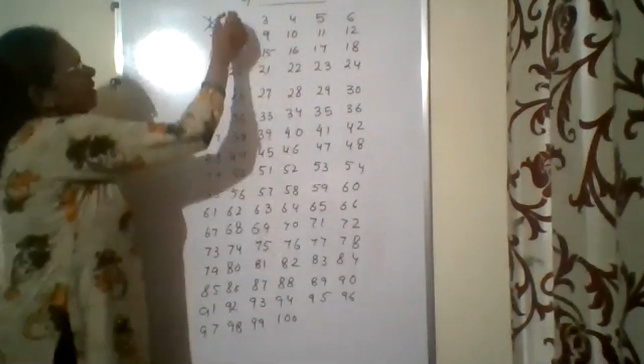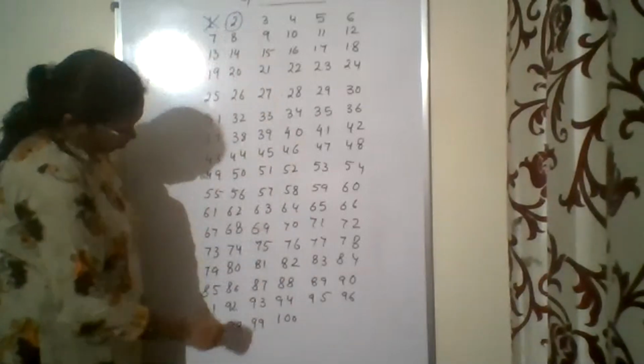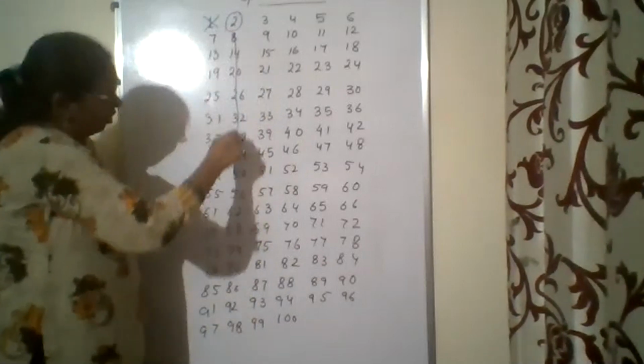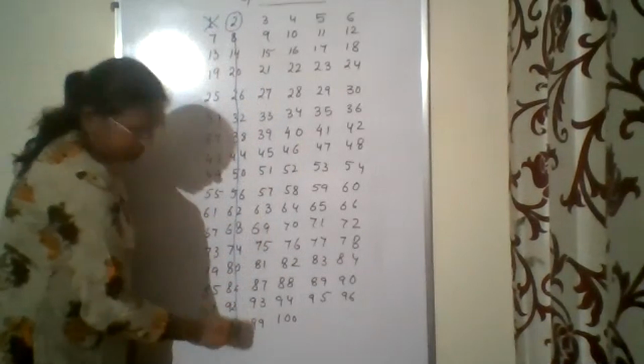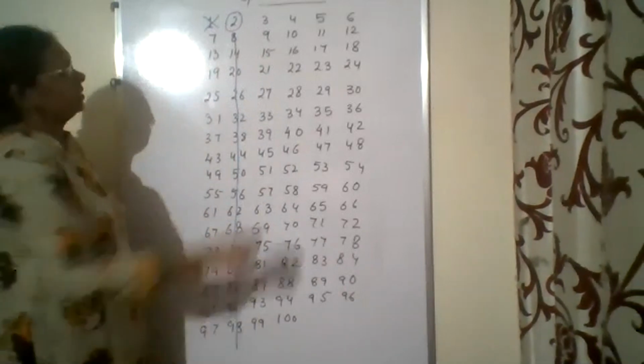Now see, 2 is a prime number. Circle it. And all the numbers written below 2 are divisible by 2, so you can strike off all these numbers. These are not prime numbers.